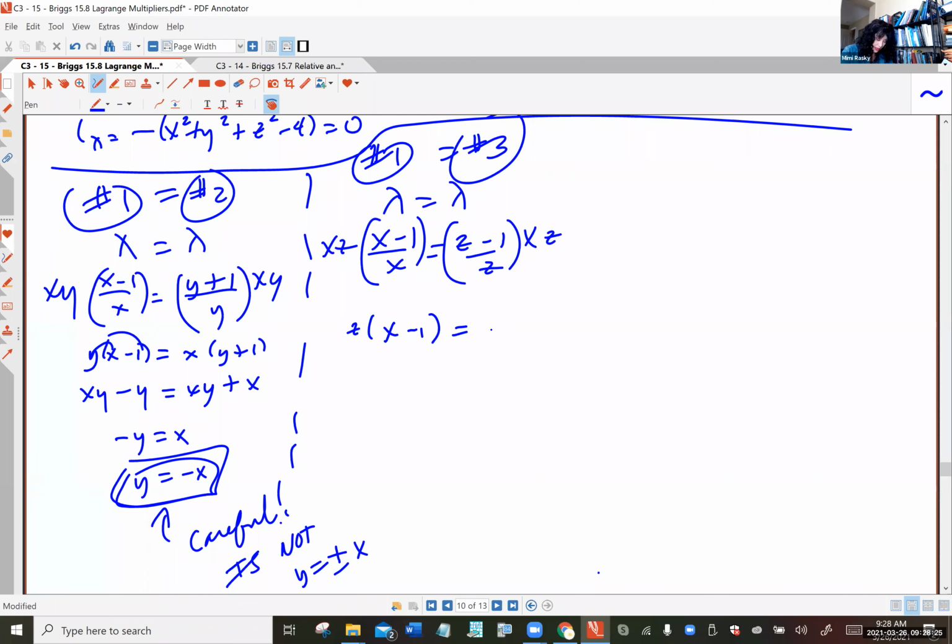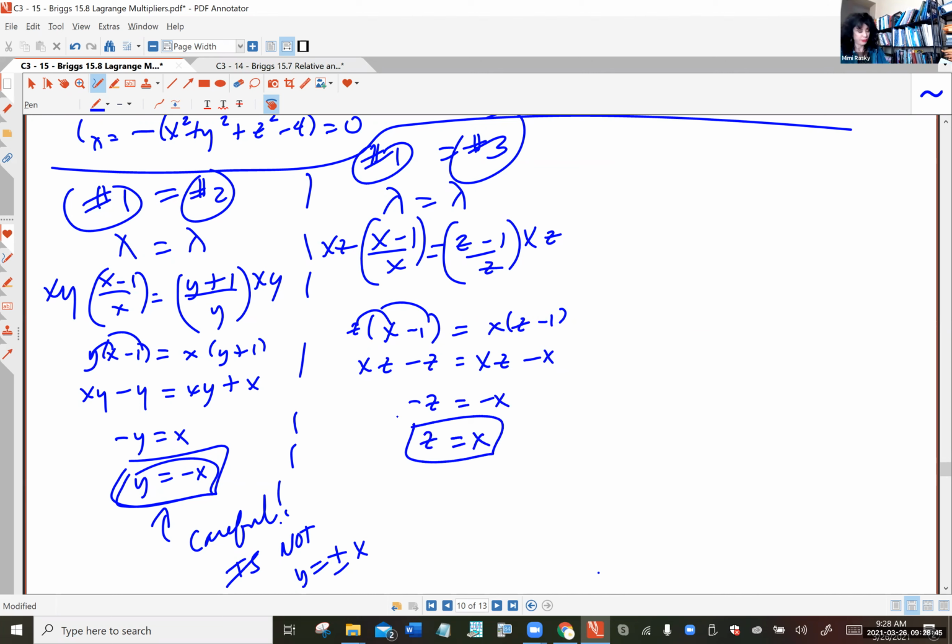Here on the right, the z's cancel. And I distribute. Both of these sides have an xz term, so just subtract xz. And you get negative z equals negative x, but then multiply both sides by negative 1.